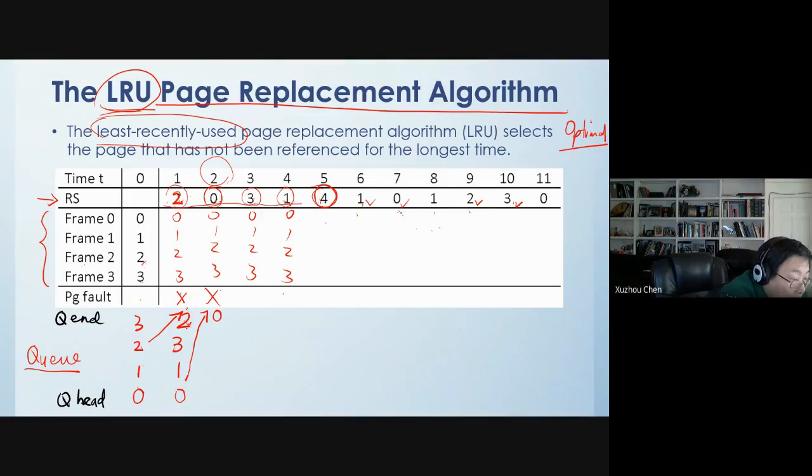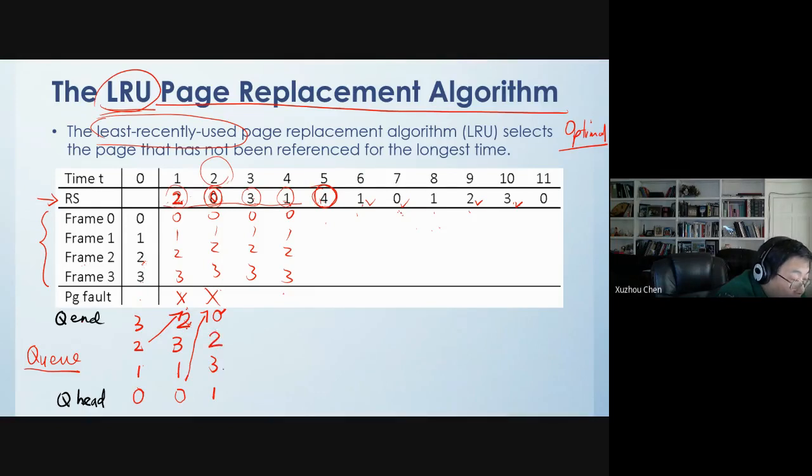But fortunately, page 0 at this time was referenced, and it is in the queue. And then page 0 is recently referenced. So I'm going to put page 0 at the tail. So that means now there's no risk for page 0 to be replaced. So when I put page 0 on the back and I push the rest of the pages forward, 1 is pushed forward, and 3 is pushed forward, and 2 is pushed forward.